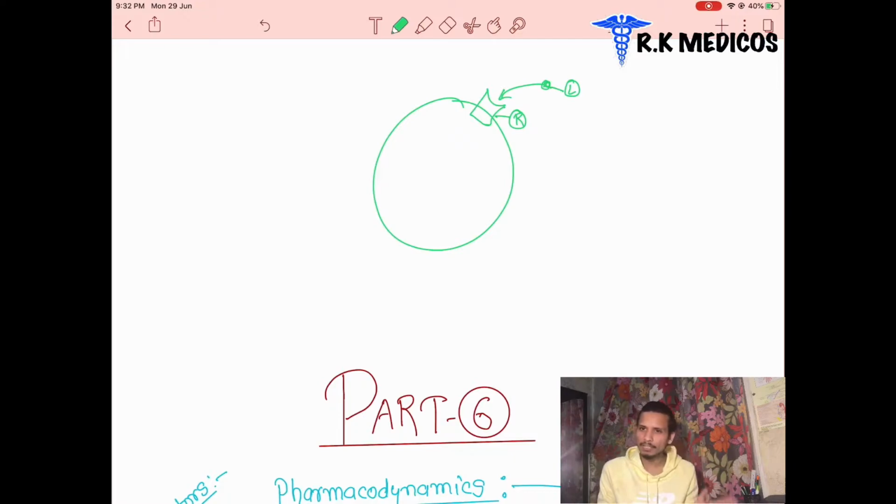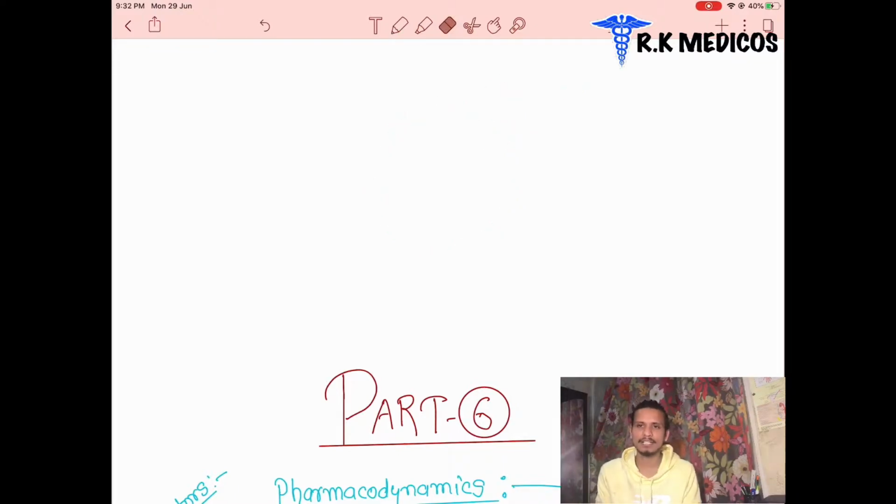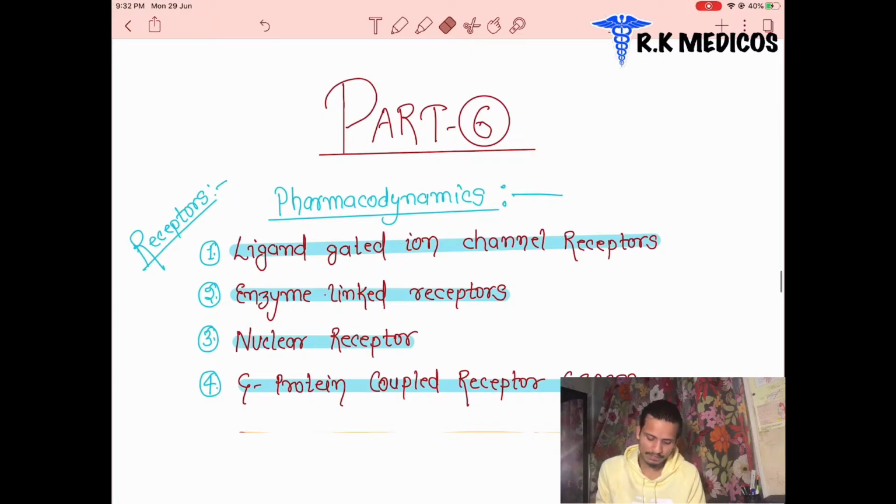When the ligand binds to the receptor, the channel opens, and suppose it is a sodium channel, the sodium enters inside. After the ligand binds to the receptor, the channel opens and the sodium enters. Something like this happens in ligand gated ion channels.